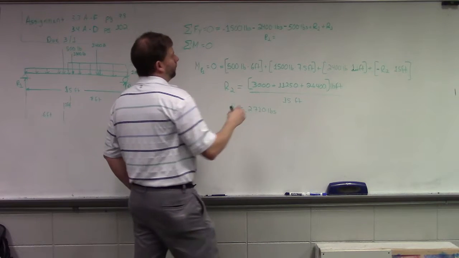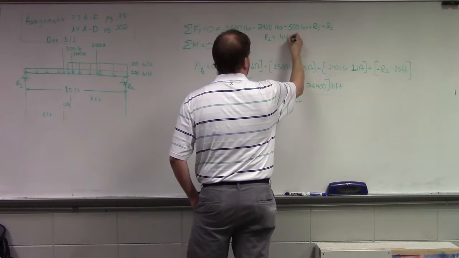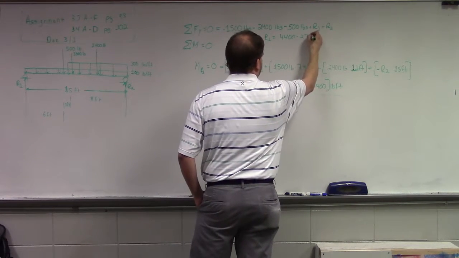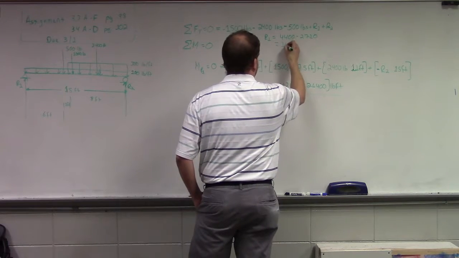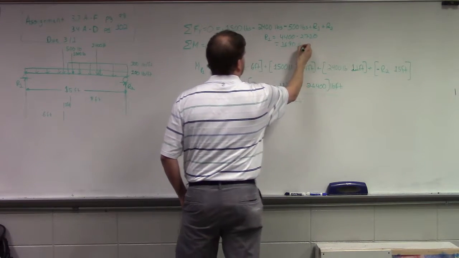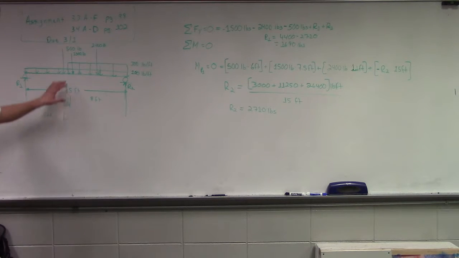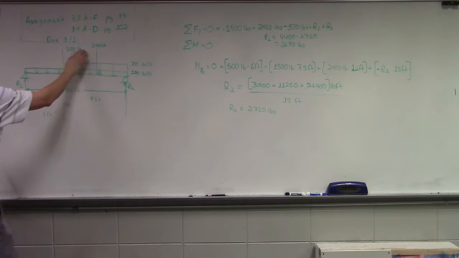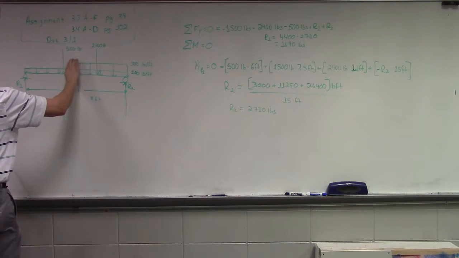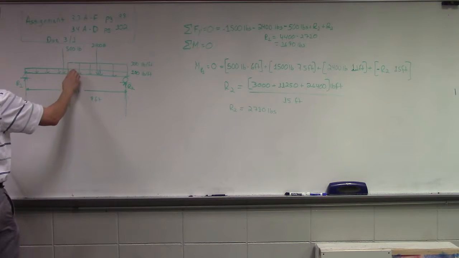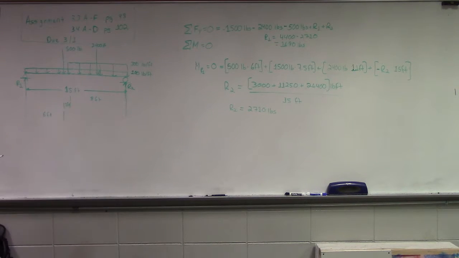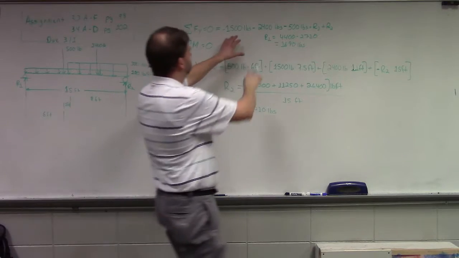So then what do we do? Does that make sense when we were looking at this? 4,400 was 1,500, 2,400, and the 500. We just make it positive.